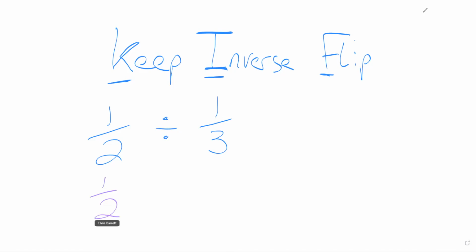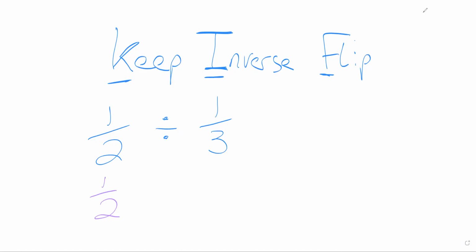What we've got now is to keep the first thing, and you always keep the first thing. Okay. Sometimes it can be a whole number. Sometimes it's a fraction, and I'll show you both. But you always keep the first thing. That's because when you're dividing by something, that's what you're cutting it up into. So I'm cutting my half up into thirds.